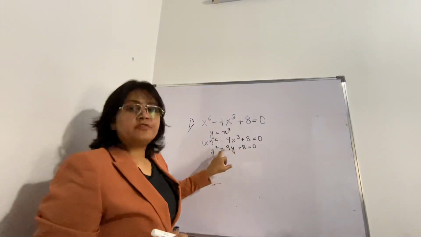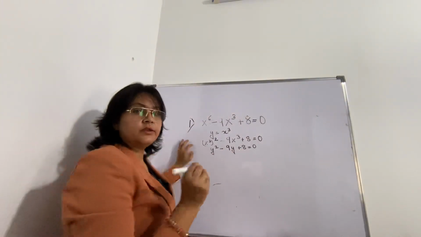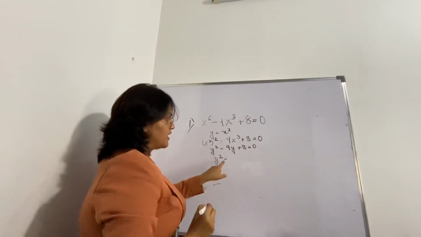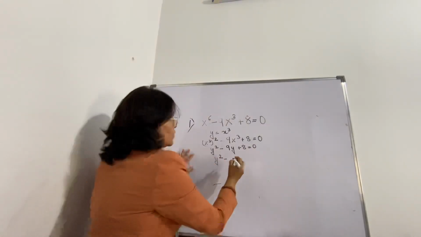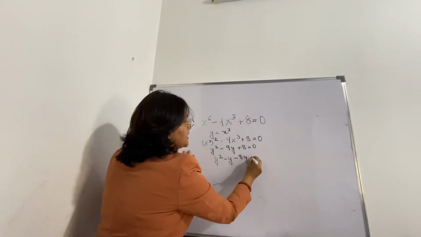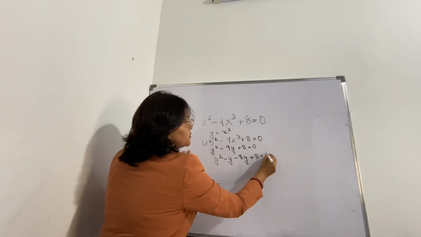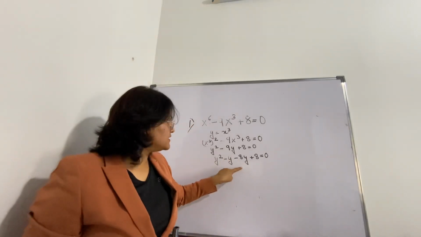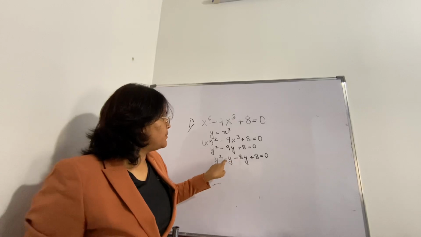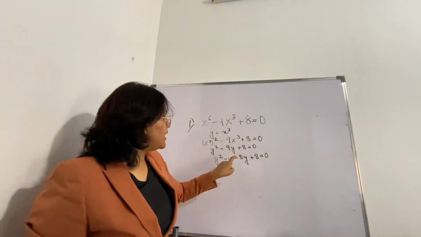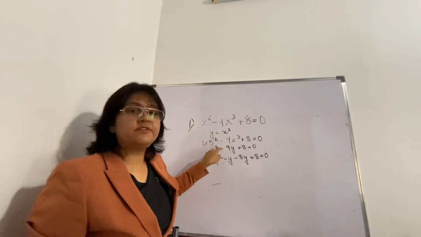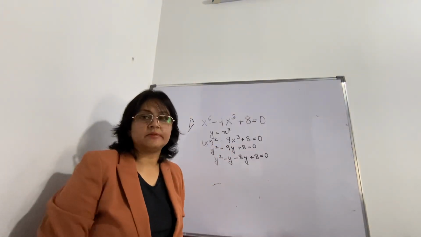When we find them, we can write it like y squared minus y minus 8y plus 8 is equal to 0. I hope you understand here. Minus and minus plus will make 8 here, and minus y and minus 8y make 9y here, that we have discussed in our previous example.